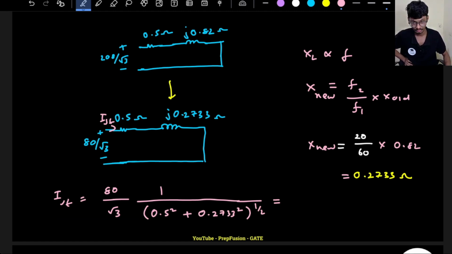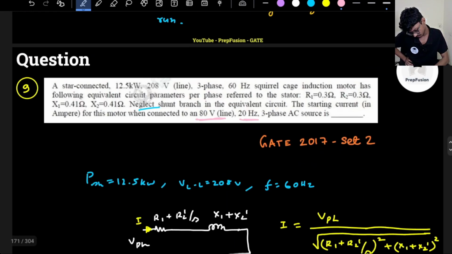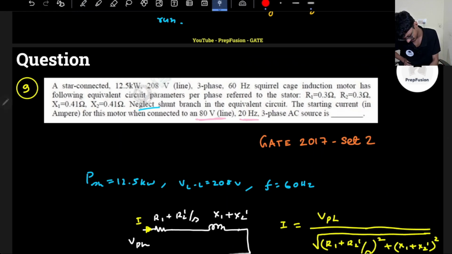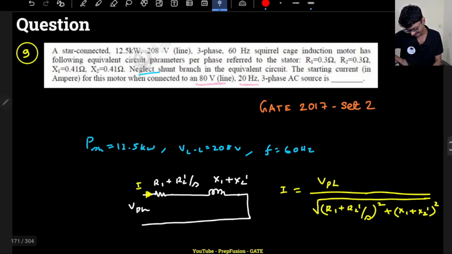So it's roughly around 81 amperes. Am I exactly correct over here? Oh, sorry, this is 0.6, right? What am I doing? This is 0.6. Unfortunately, I've forgotten how to add.